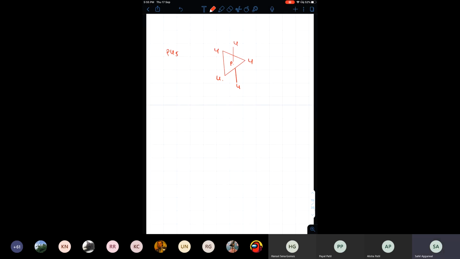If we take SF4, again we'll get x equal to 5. This is called seesaw shape.